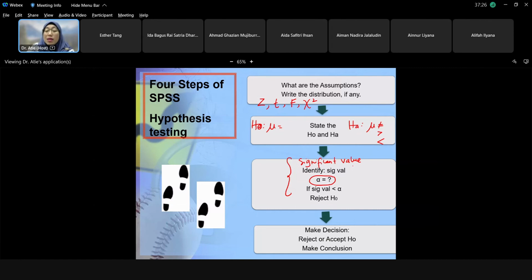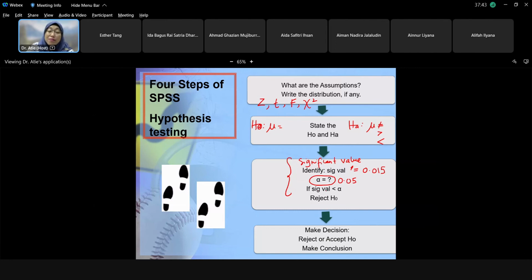For example, the sigval given in the SPSS is 0.015, and you will see that the alpha is 0.05. So the sigval is 0.015, which is less than 0.05.